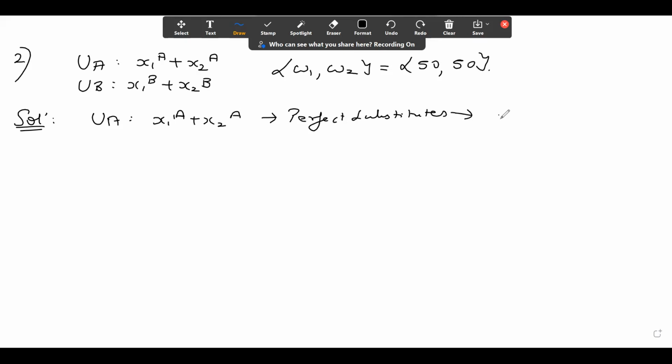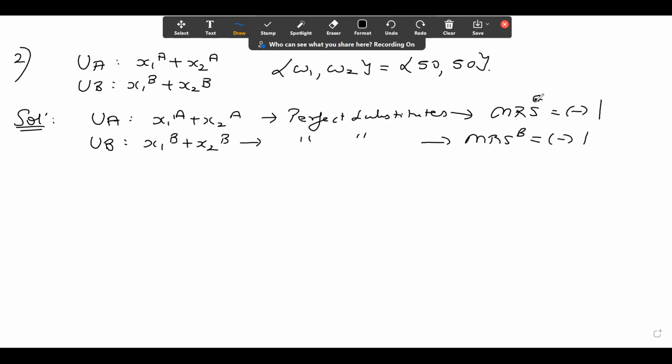And what's the MRS? -1, which is the slope of the indifference curve. Similarly, utility of B will be x1b plus x2b. Again, perfect substitutes, and MRS of B is also equal to -1.